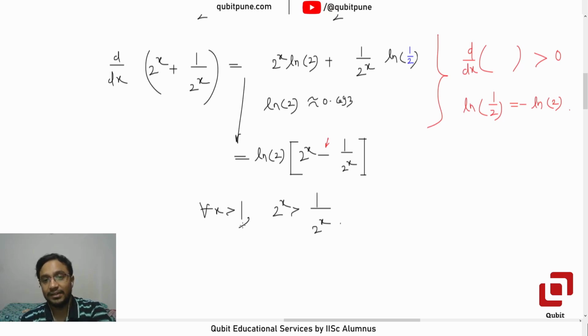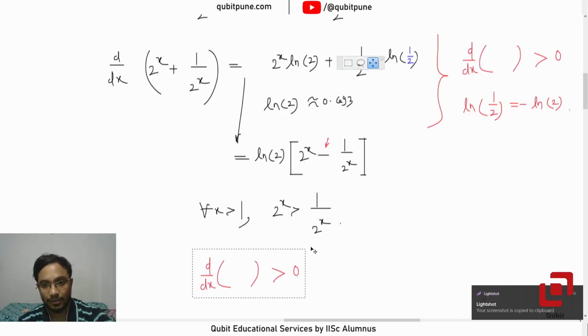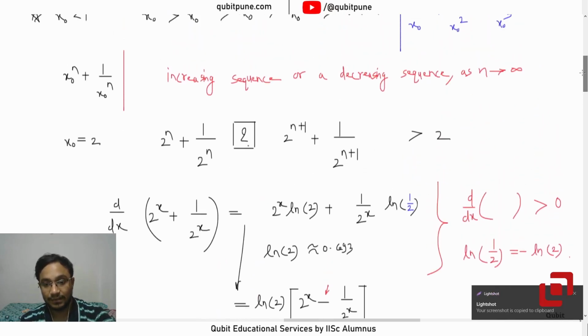For all x greater than 1, and in fact, x is actually playing the role of n here, and our natural numbers start from 1 to 3, so that's fine. So 2 raised to x is greater than 1 upon 2 raised to x, which confirms that the derivative is positive, which means it is an increasing function.